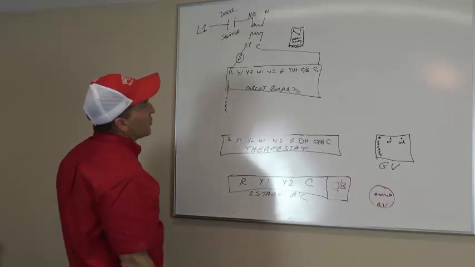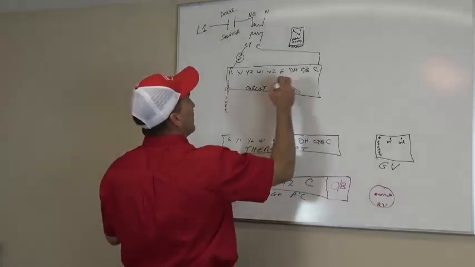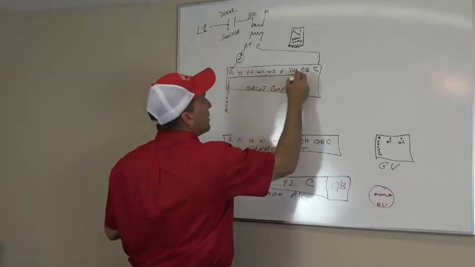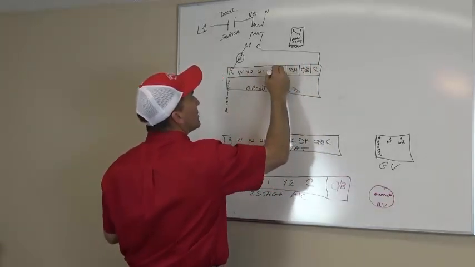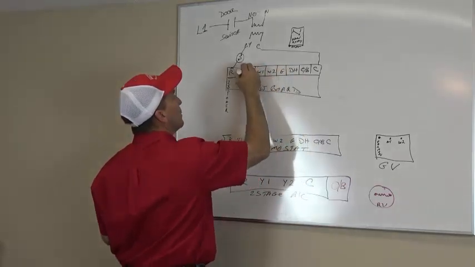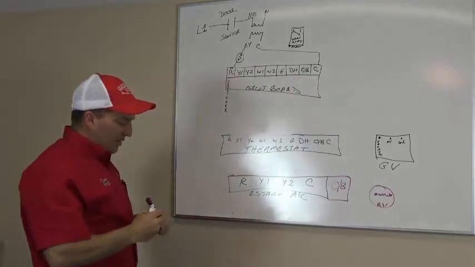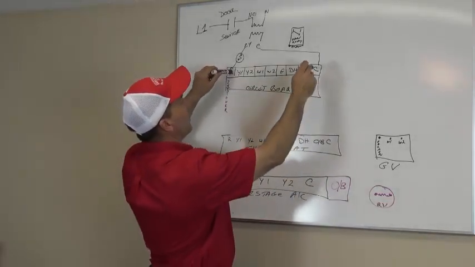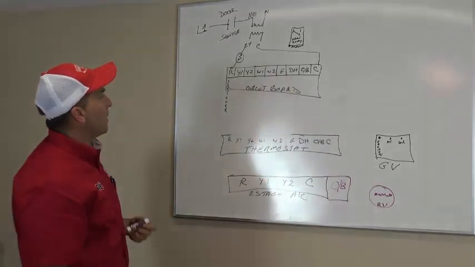So if I go to my circuit board, here we go, guys. I've got my terminals here, and in between are my separation points. Here's my common energized. Between here and here, I'm reading what? 24 volts, right?